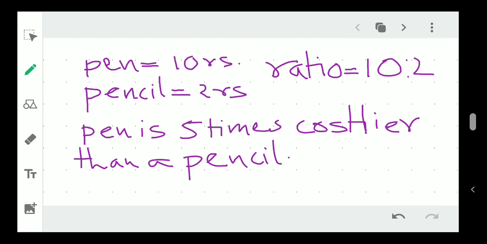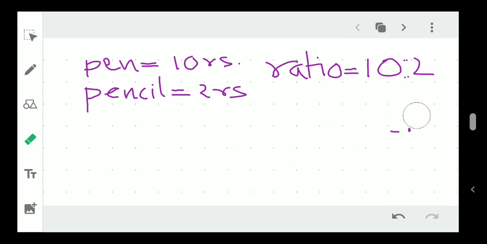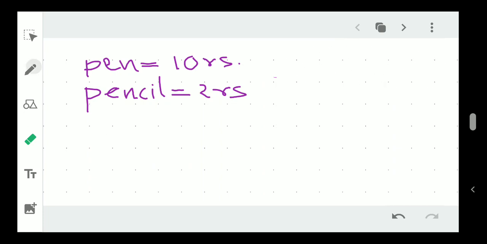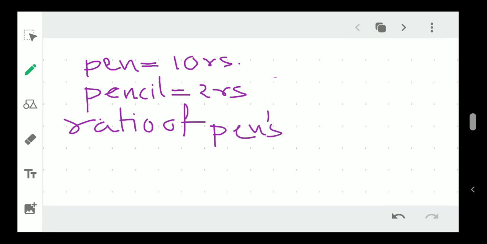So these 2 dots are the symbol of ratio. Now let's see how to write a ratio. Let's say we want to write the ratio of pen's price to pencil's price.